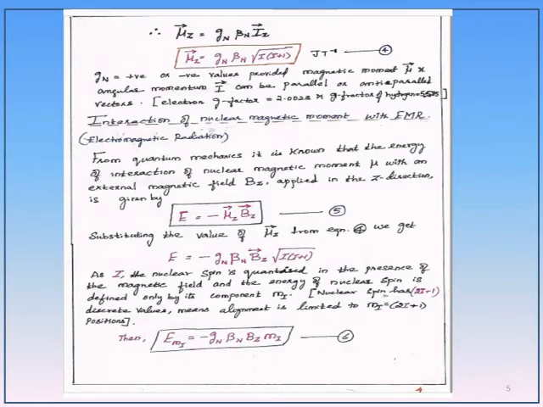So that is, 2I plus 1 Mi energy states are possible. Then the energy expressed for these energy states, represented as E Mi, is equal to minus Gn beta n Bz Mi.